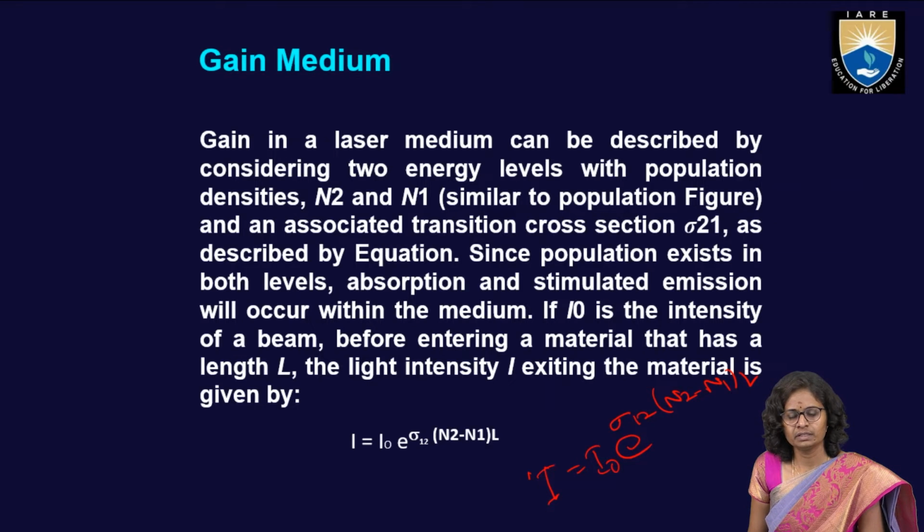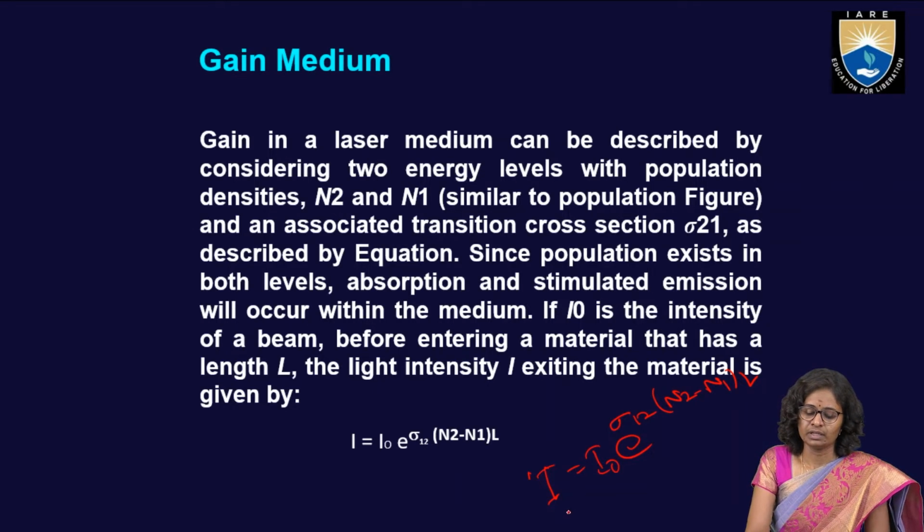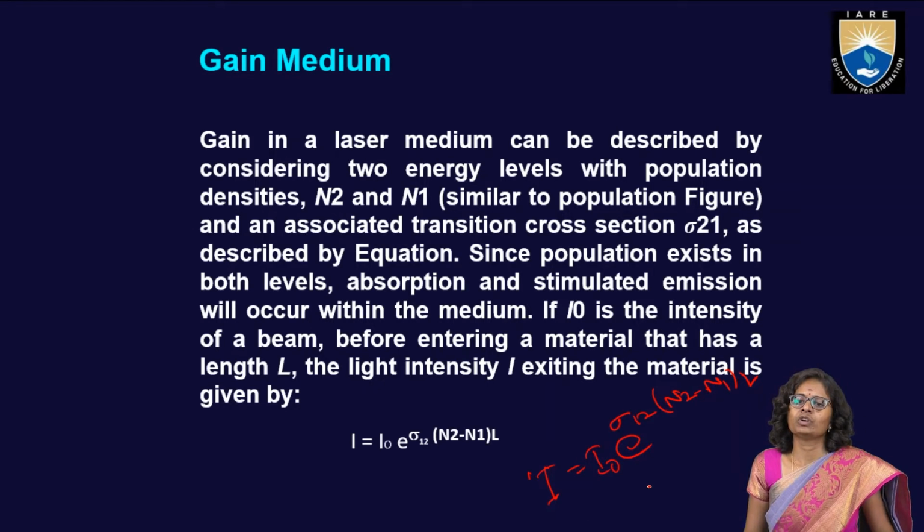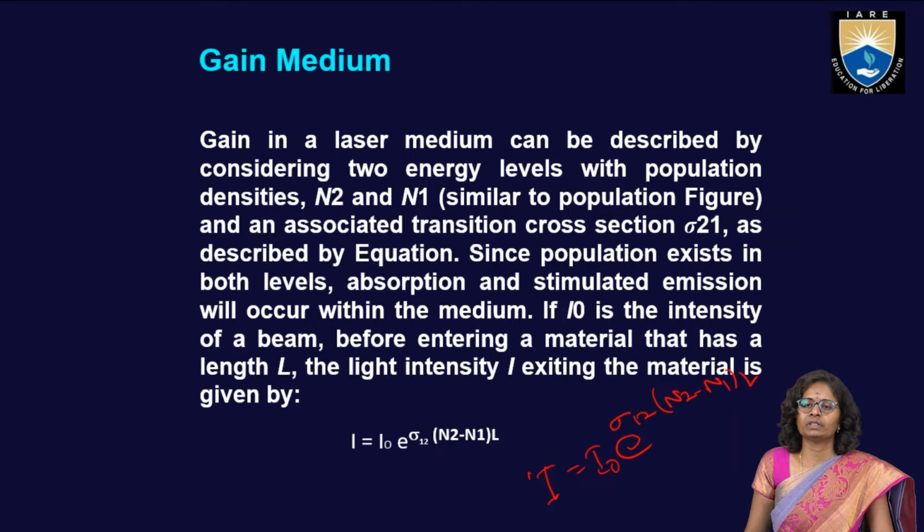If I naught is the intensity of a beam before entering a material that has a length of L, the light intensity I exiting the material is given by I equals I naught e to the power sigma 12 times (N2 minus N1) times L.